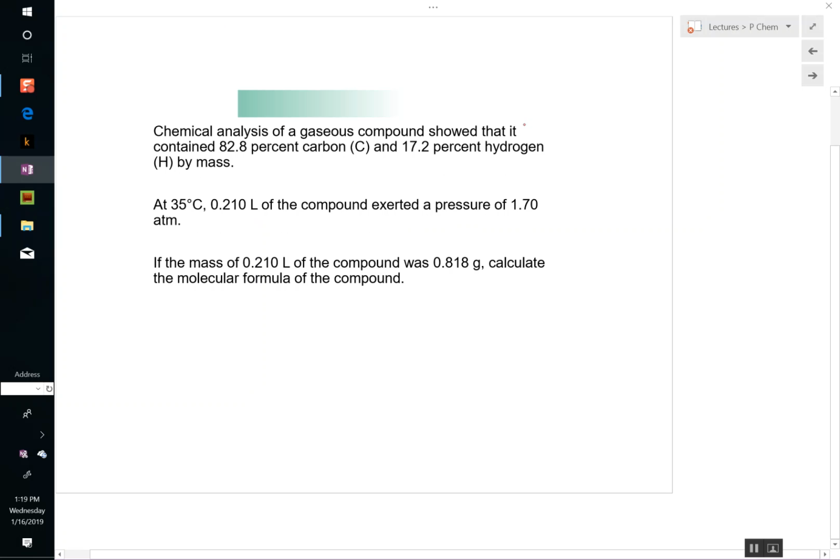Let's look at another one, part of it anyway. A lot of this is going to be refreshing your memory on Gen Chem kinds of problems. Chemical analysis of a gaseous compound showed that it contained 82.8% carbon and 17.2% hydrogen by mass. Now you've got a temperature, a volume, a pressure of the gas, so you could get to the moles of that gas.